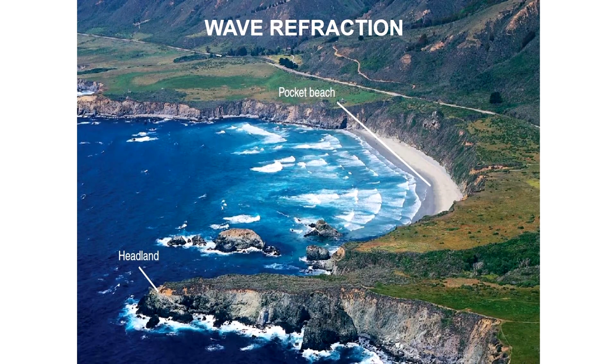Now, we have different landforms we will come across in the coastal regions, like beach, as I told, the most common landform, and headlands also, and everything is dependent on the refraction of your waves, how it approaches the coast.